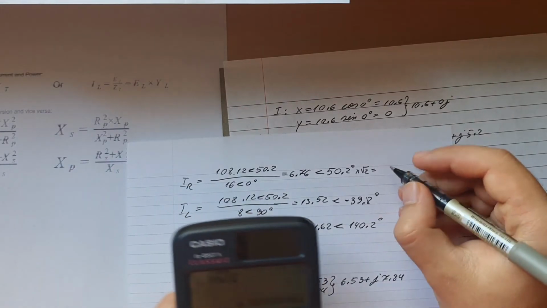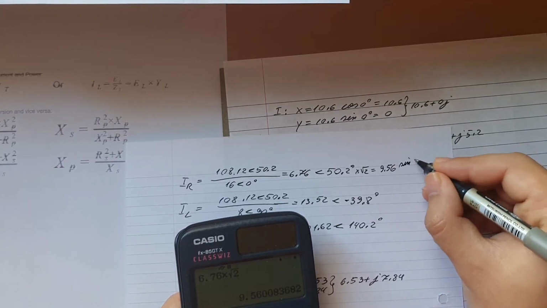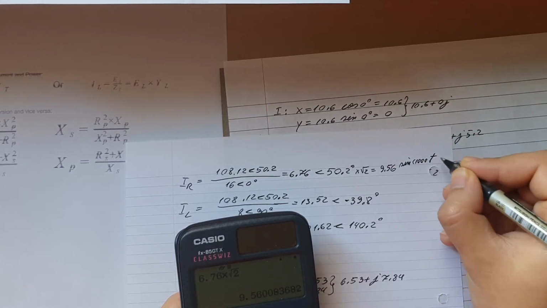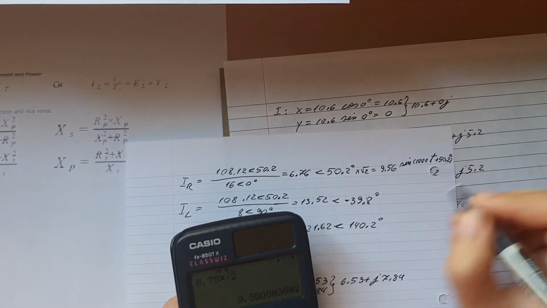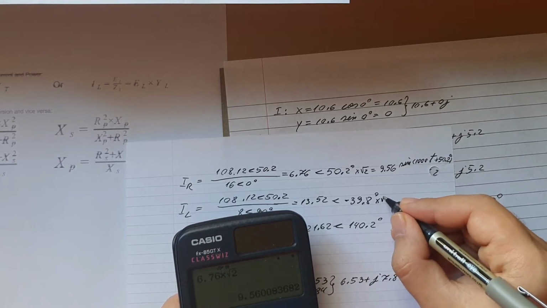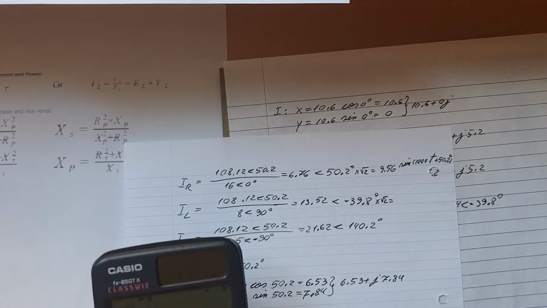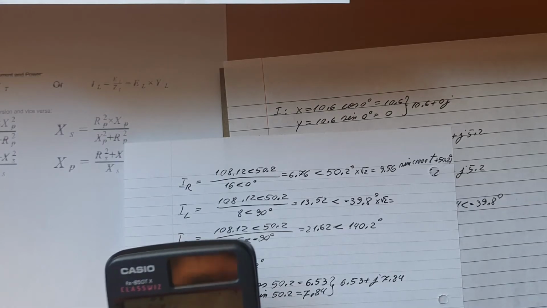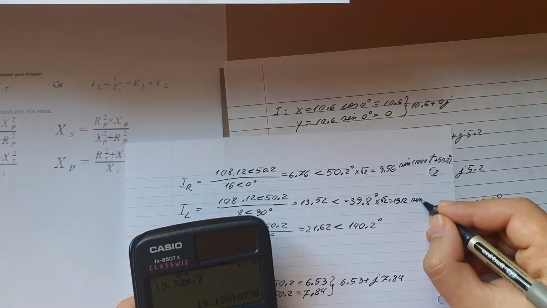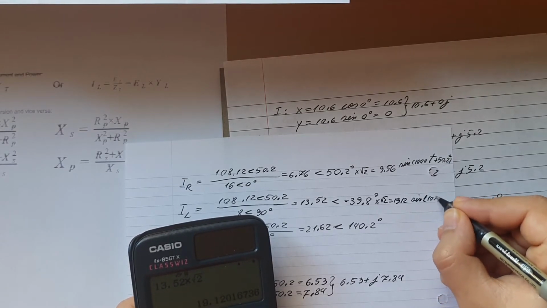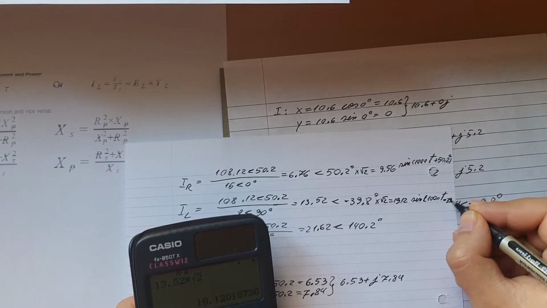That'll be 9.56 sine 1000t plus 50.2 degrees times square root 2, and that will be equal with 13.52. That will be 19.12 sine 1000t minus 39.8 degrees.